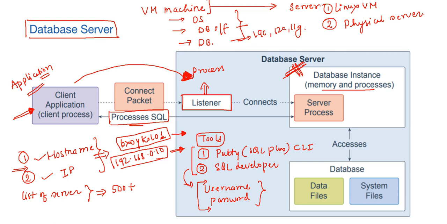So the listener tries to understand the client requirement, and understanding it, the listener helps in connecting with the database instance. The listener is a mediator which listens to the client request and makes the client able to connect to a database instance, so that they can easily do the connectivity and the transactions.